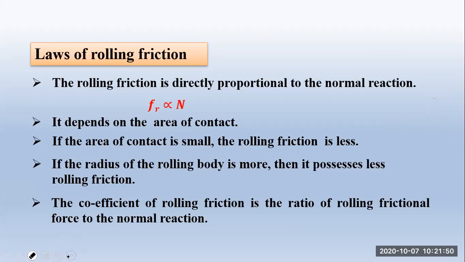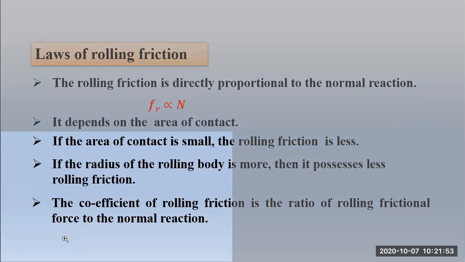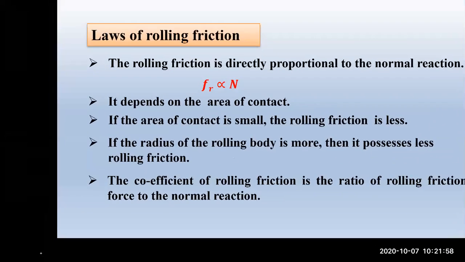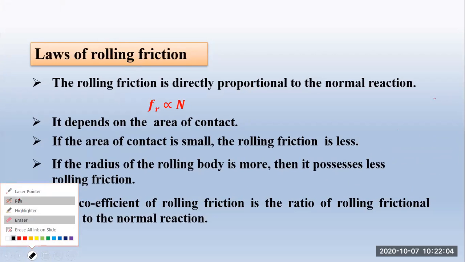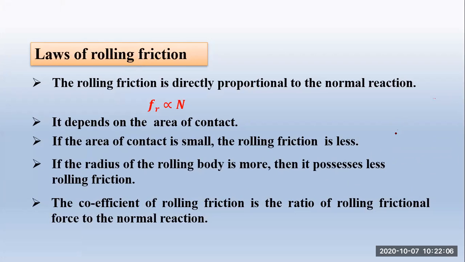So if we say that the area of contact is small, it should be just one point. If we have two points, or something like this kind of surface, then we have more area in contact. So in that case the friction will be more.